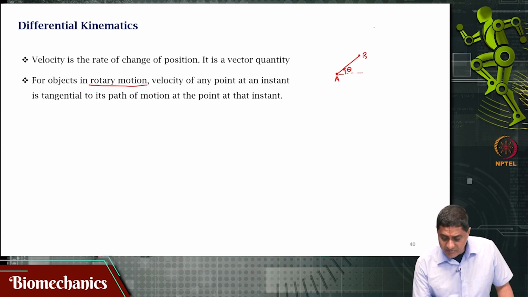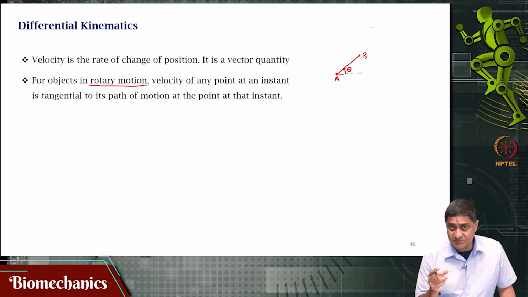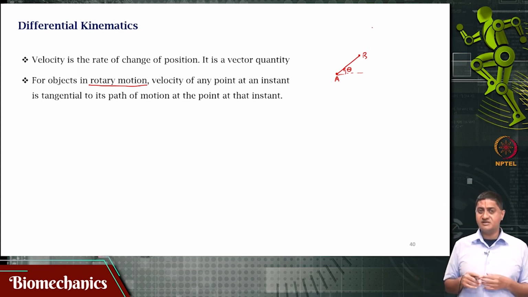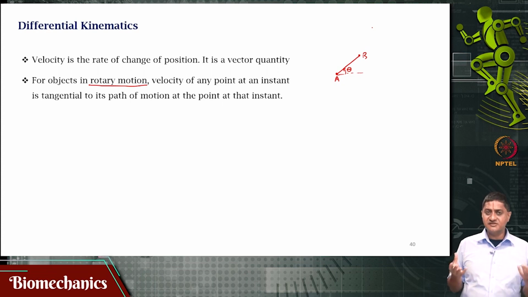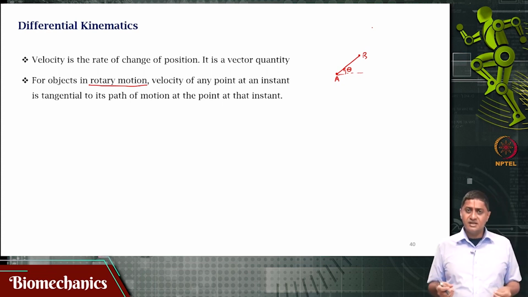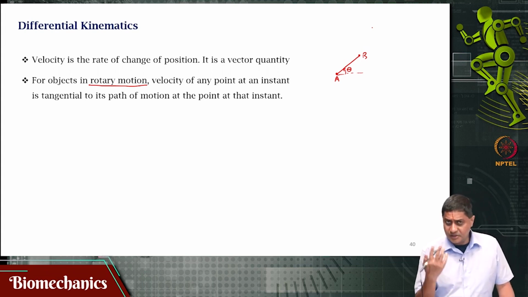Note that AB itself is the length of the segment. This does not change, because this is the length of the rigid body, this is the size of the rigid body. It does not elongate or shorten during the course of motion. Due to the motion, it does not change its dimensions. So, there are only two possibilities by which the velocity can change.